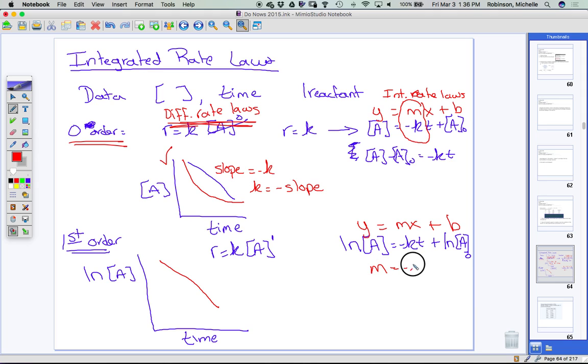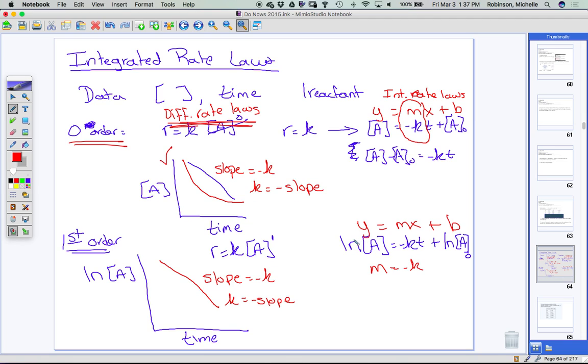M is still negative K. So again, the slope is negative K, or K is negative the slope. It's the natural log, what? No, the natural log is of the concentration.